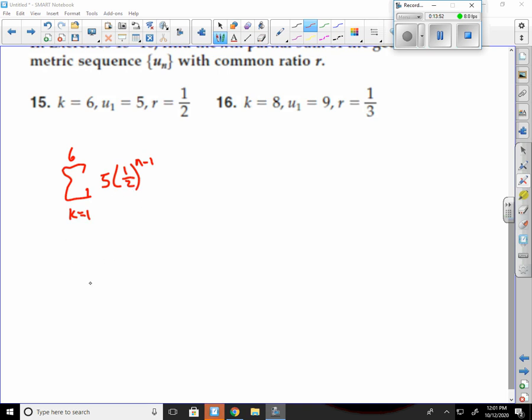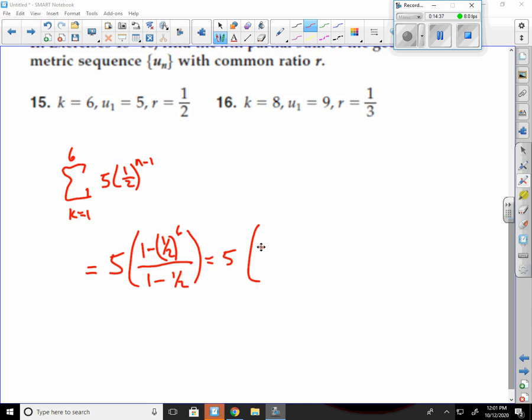Our formula is a sub 1, or u sub 1, which is 5, times 1 minus r to the n, 1 minus 1/2 to the 6th power, over 1 minus 1/2. 1/2 to the 6th is 0.015625.